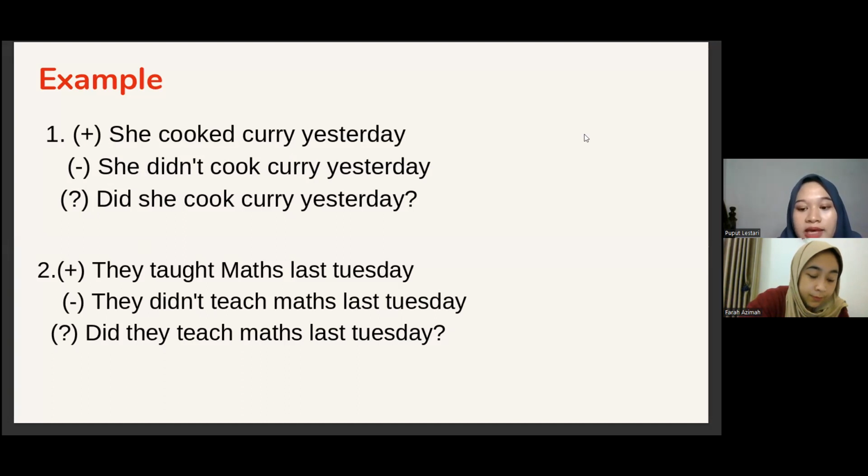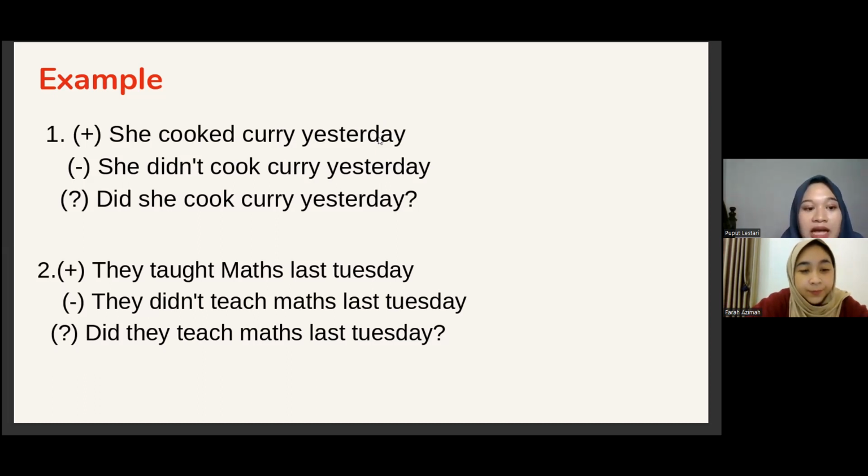Okay, we can see that with the affirmative sentence formula, she is the subject, cooked is verb 2 because it has ed behind it, and then curry is the object and yesterday is the complement. Do you understand? Yes.